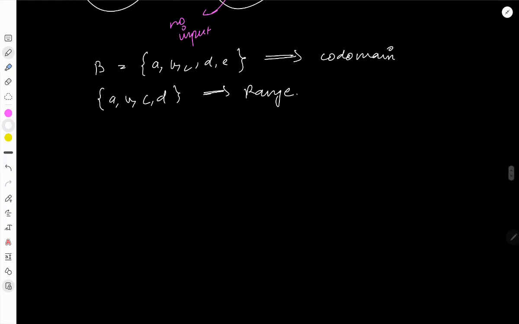So now here comes the definition of range. How can we define the range?